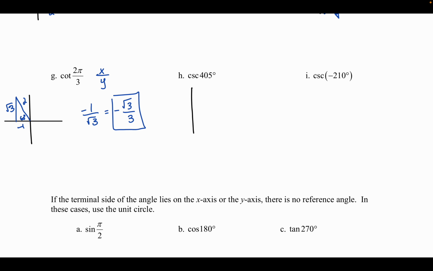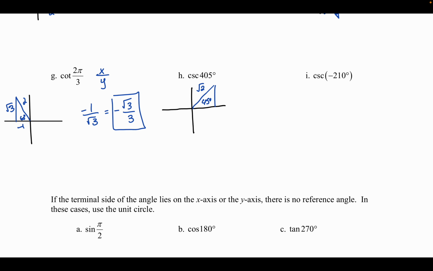All right, now we've got an angle that's above 360 degrees. So it will go all the way around, and then it will go from 360 to 405. That's 45 more degrees. That's such a wavy line. Okay, 45 degrees.